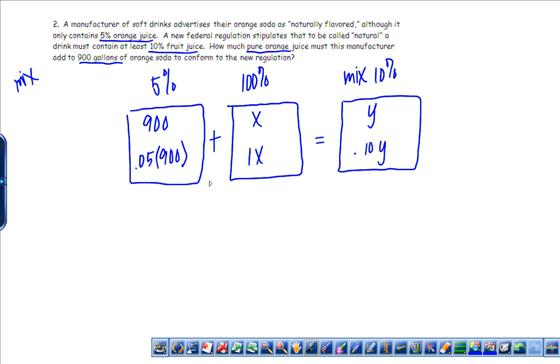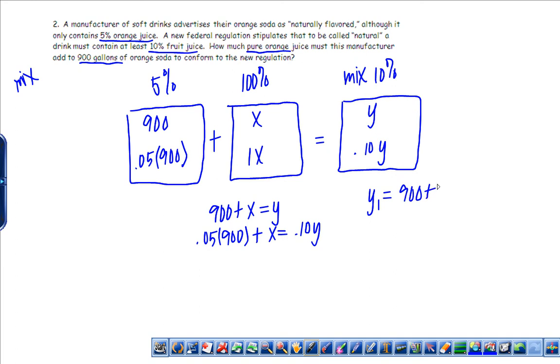Now I've got my 2 equations here. I think the easiest way is to solve for y and plug this into your calculator. So this would be y1 equals 900 plus x, and y2, I would divide that, so y2 would be 0.05 times 900 plus x, over the 10%.